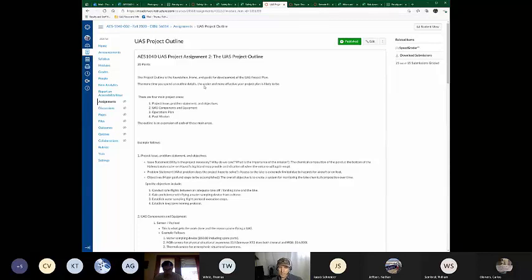Then we'll have the operations plan, which talks about how we use our components and equipment to answer our objectives. And then we'll have the post-mission aspect of the project. We'll talk a bit more about that too today.